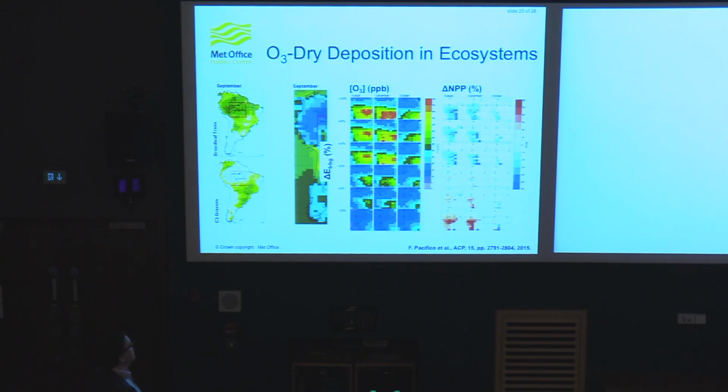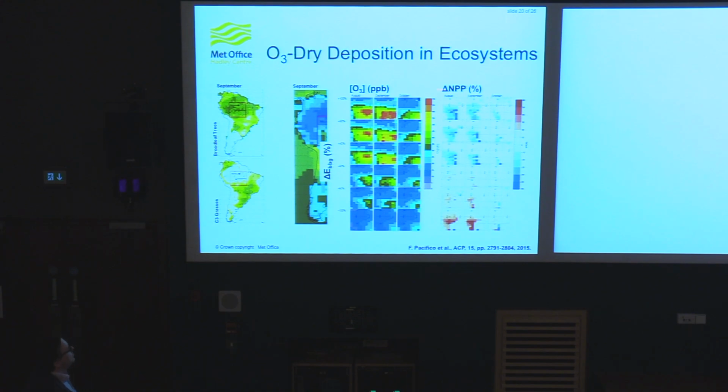And you can see that when you increase the fire emissions during the biomass burning season, August, September, October, there's a dramatic increase in ozone, and when you reduce them, there's a dramatic decrease in ozone.